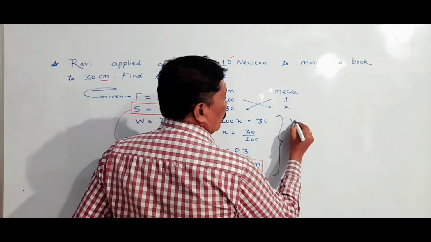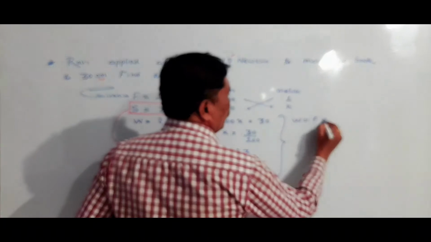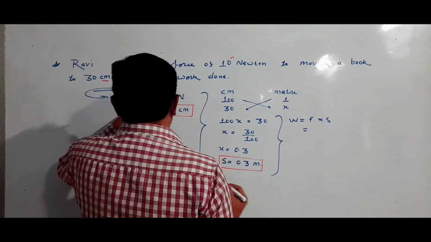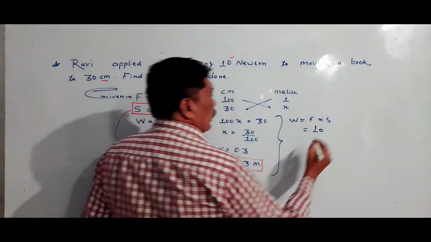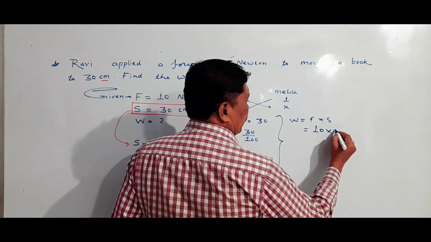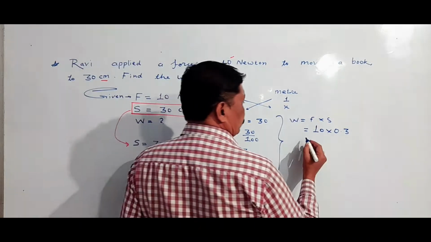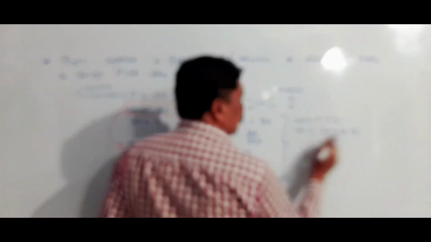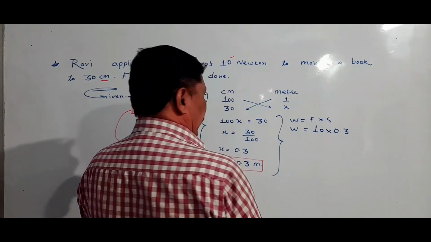Now, W is equal to F into S. This is the formula. Force is 10 Newton into displacement is 0.3 meter. This point we can remove by multiplying the number by 10.